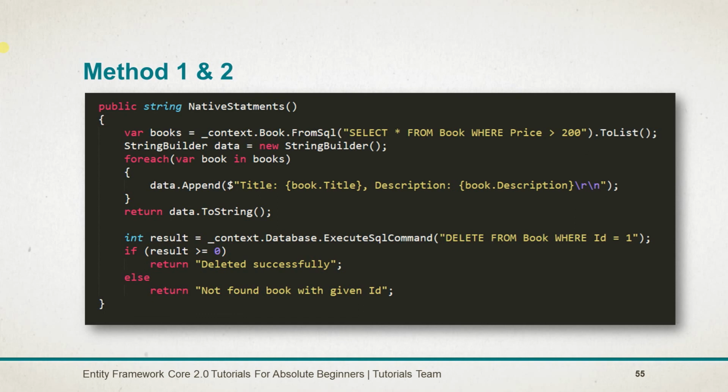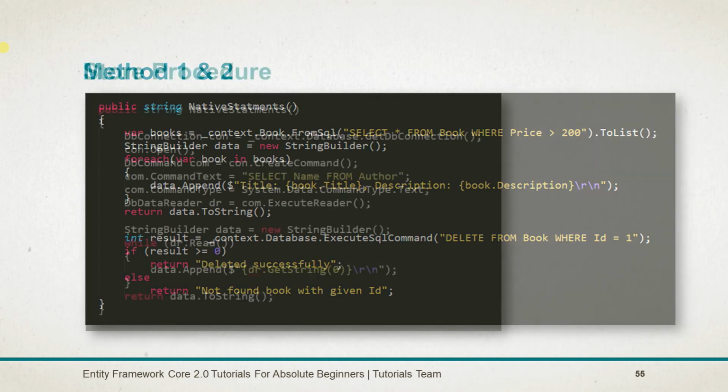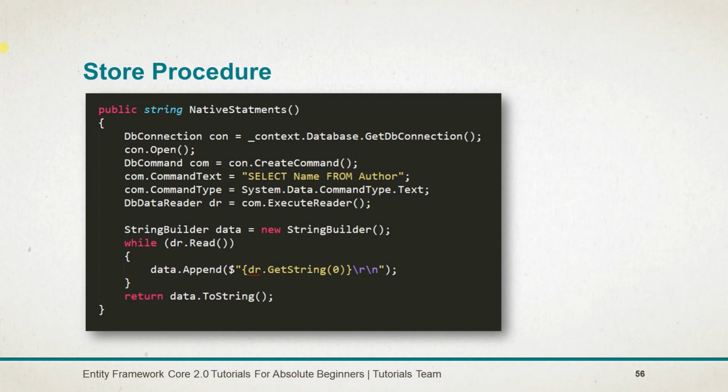ExecuteSqlCommand is suitable for the DML statements such as the update and the delete. And third way is to retrieve the DbConnection from the database and create a command from that and set the SQL query and call the appropriate method. In our case, I called the ExecuteReader. You can also perform any other operation on it, just like the normal ADO connection.